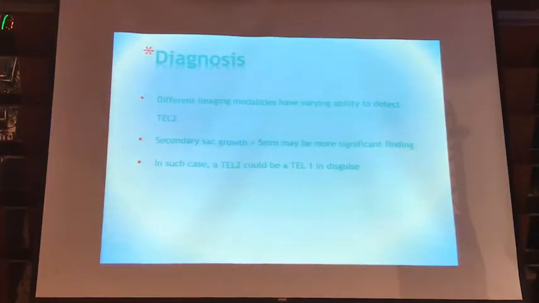The different imaging modalities have varying ability to detect type 2 endoleaks. And second, sac growth of more than 5 millimeters may be a significant follow-up finding. In such a case, type 2 could be type 1.